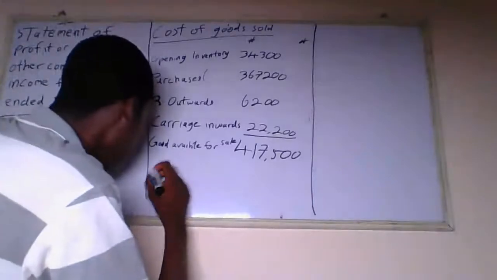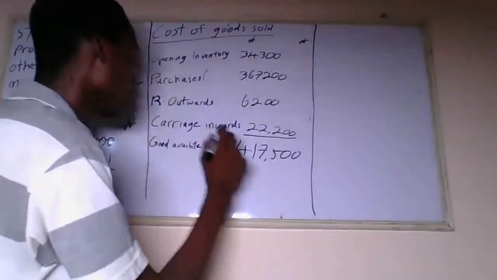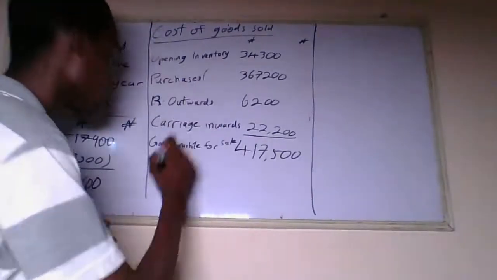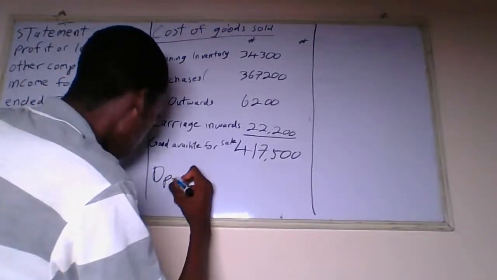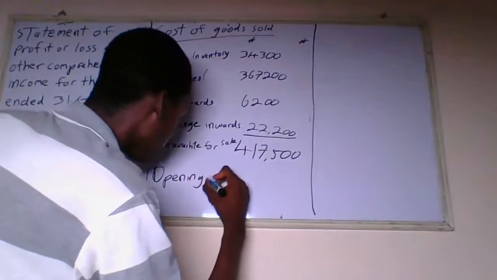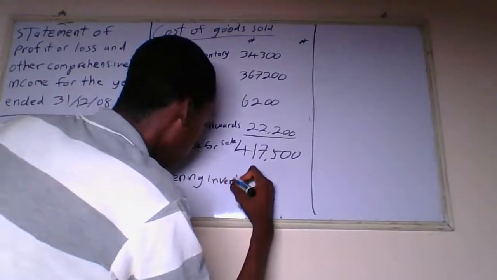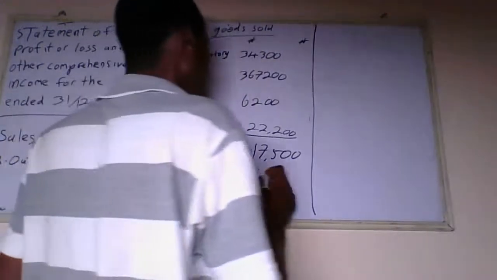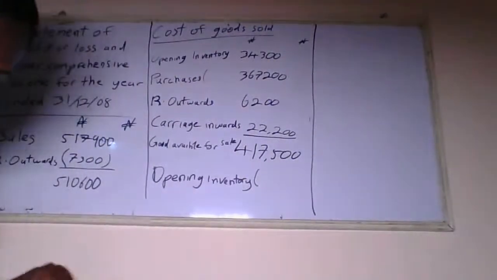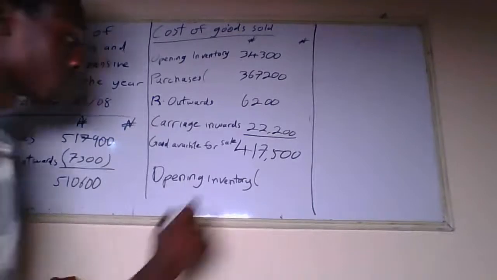And then once you get your goods available for sale, to get your cost of goods sold, you will include your closing inventory. And this amount will not be added, but rather it will be deducted from your goods available for sale.